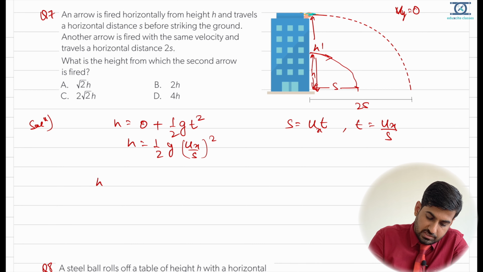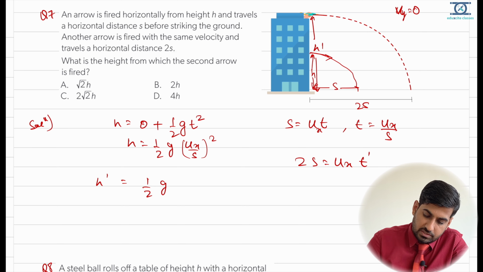So now h dash will be half g t dash square, and this will be 2s equal to ux into t dash. So t dash will be 2s upon ux.